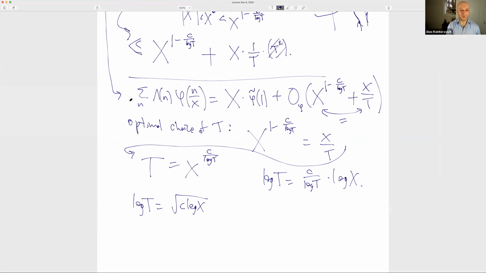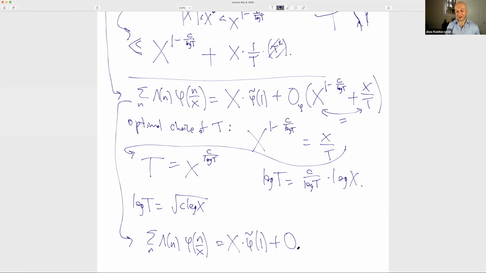And what does that give us for our final error term? The von Mangoldt sum, with the smooth approximation to an indicator function, is equal to x phi tilde of 1 plus an error whose constants depend on phi and its derivatives, some Sobolev norm of phi, plus x over t.